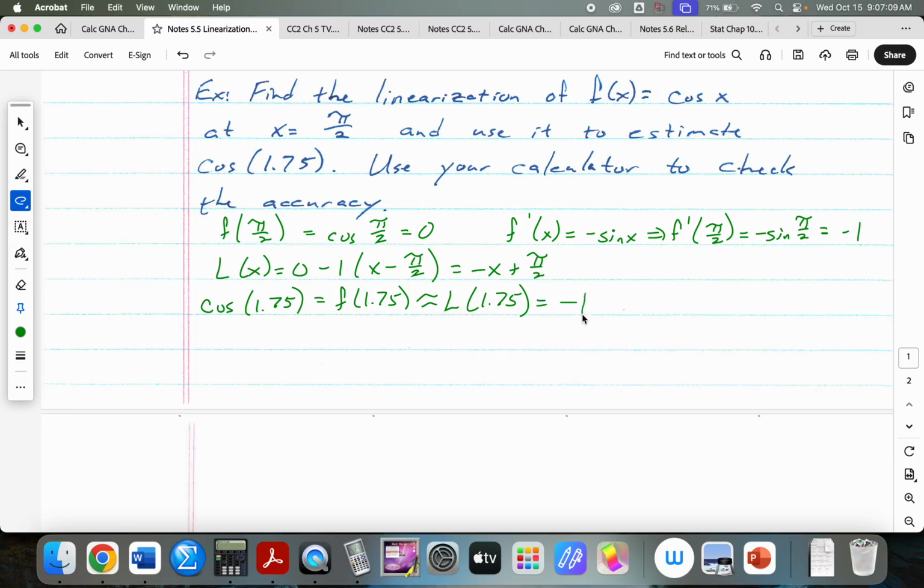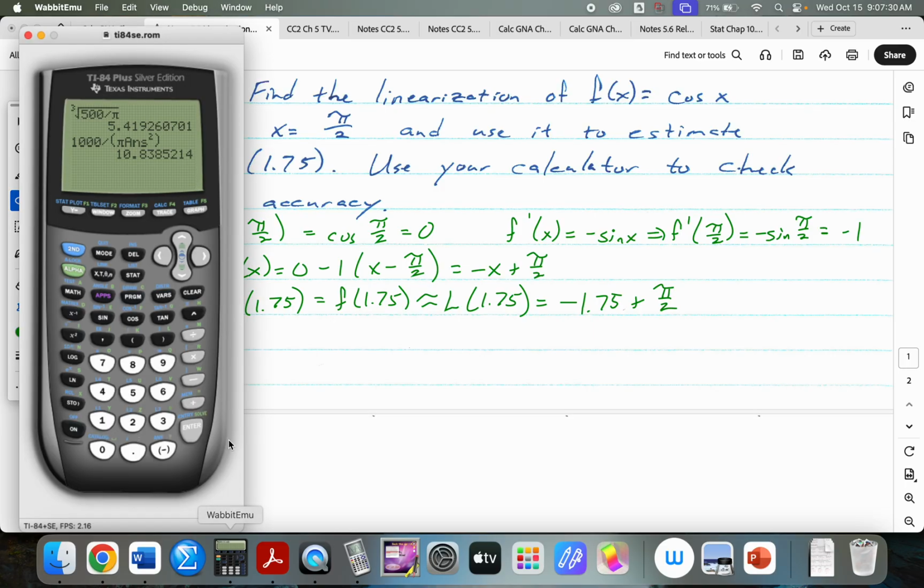So it's going to be negative 1.75 plus pi over 2. Now, if this was on the AP exam, you would just leave it like that, right? You're not going to try and figure out what pi over 2 is and get some decimal approximation for that. But let's check this on our calculator.